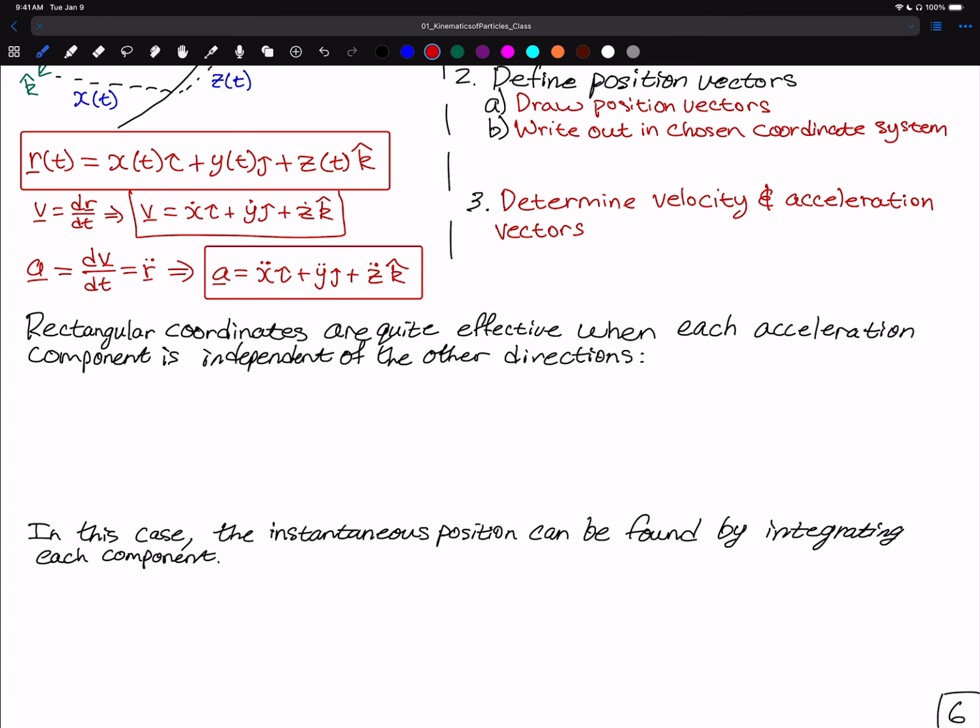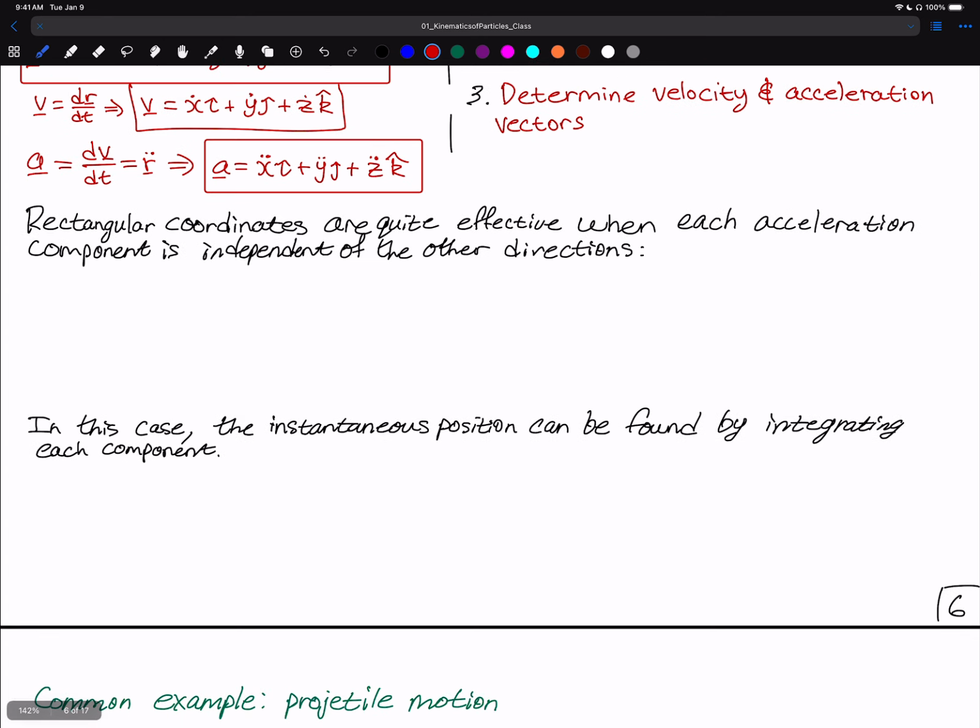Okay, so rectangular coordinates are quite effective when each acceleration component is independent of other directions. Specifically, what we mean is that the acceleration in the x direction is equal to some function of time, perhaps the velocity in that direction and the position in that direction.